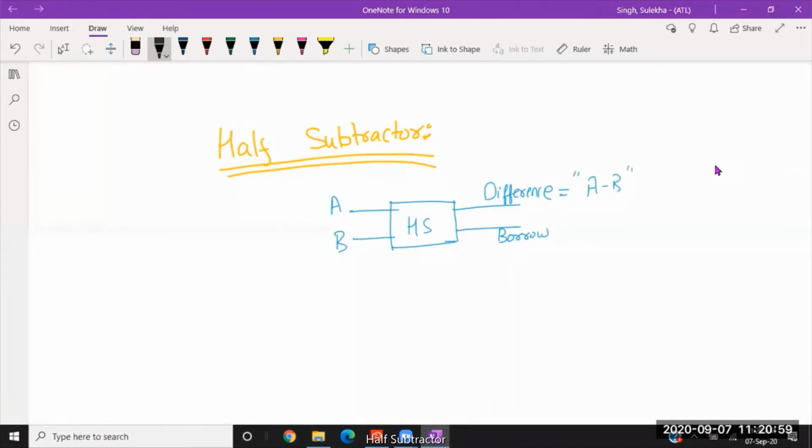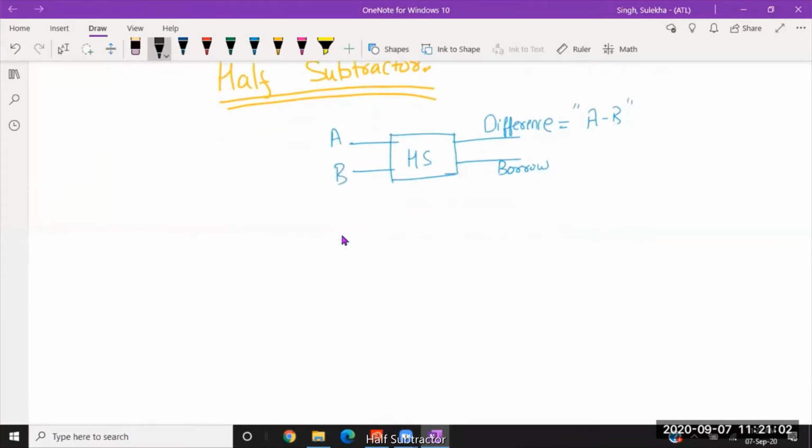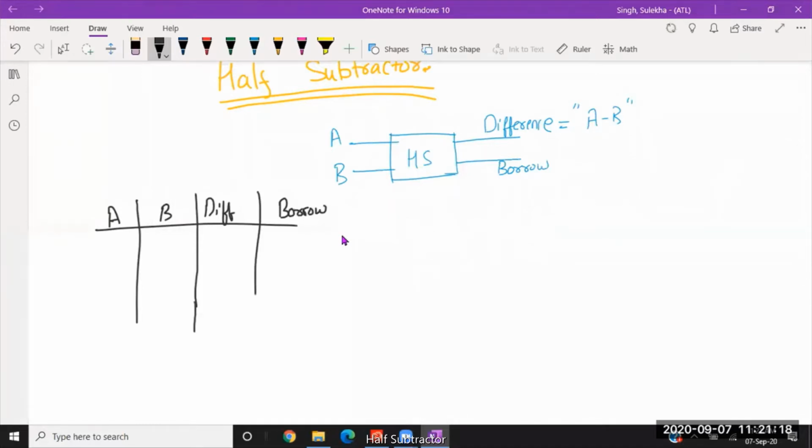If I want to analyze this half subtractor using truth table, what I will do, I will write two variables, which is A, B, and my outputs are difference and borrow. And if I write all possible combinations, that is 0 0, 0 1, 1 0, and 1 1.